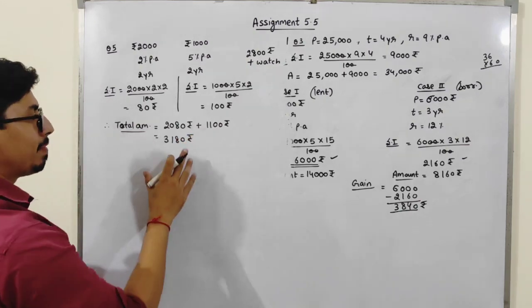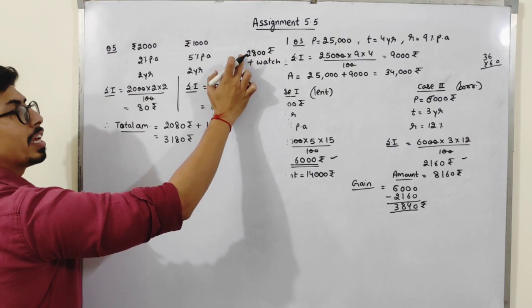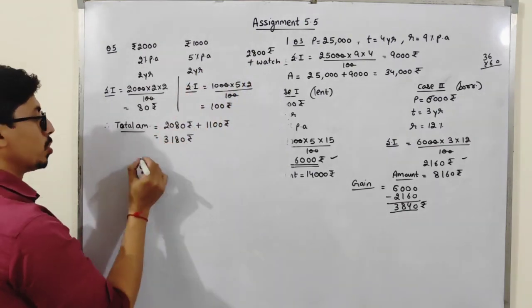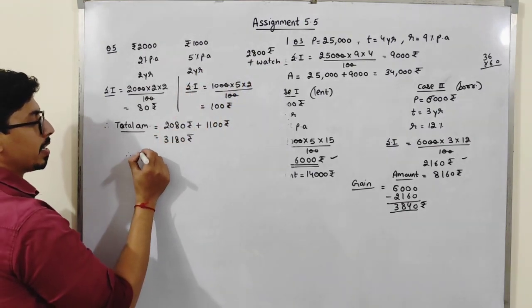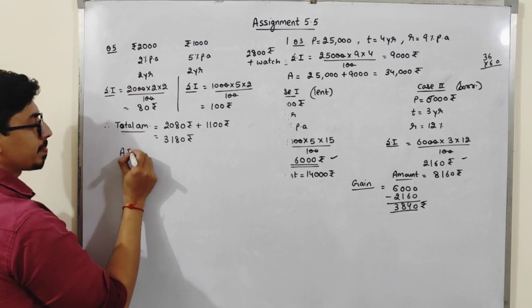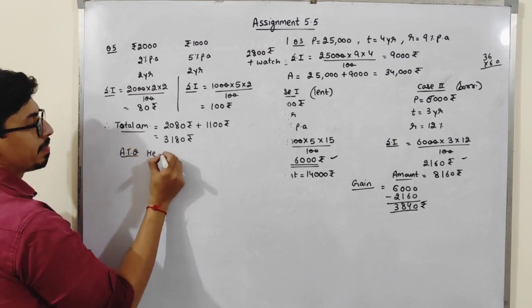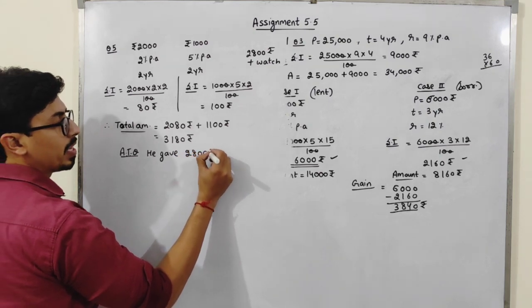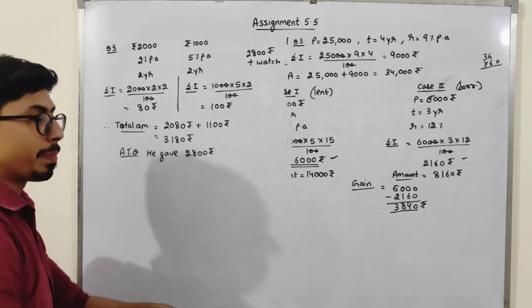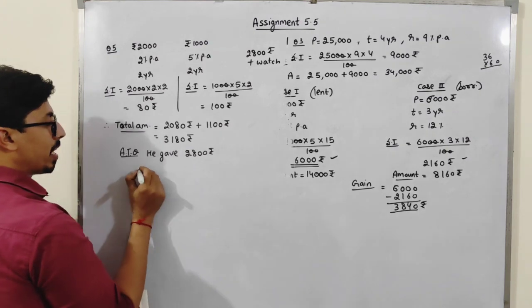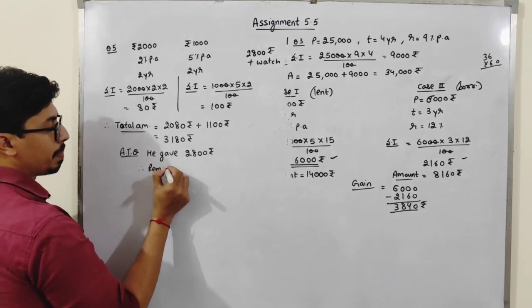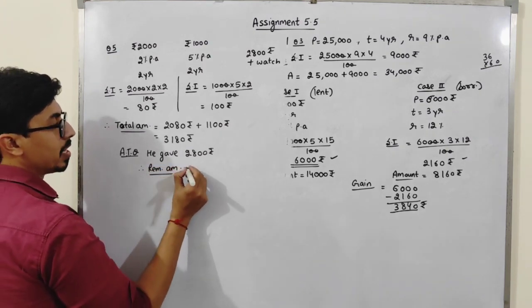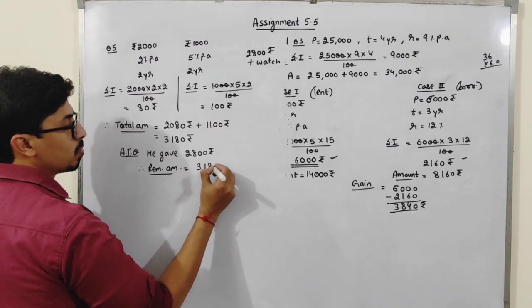The total amount that he has to pay is this, but he gave only this amount and a watch. Therefore, according to the question, he gave how much, students? 2,800 rupees only. So if I subtract them, to find out the remaining amount, it will be just subtract these two.